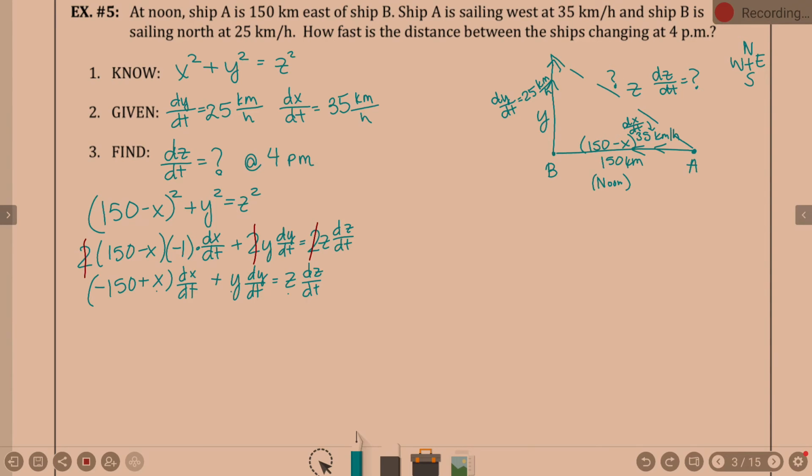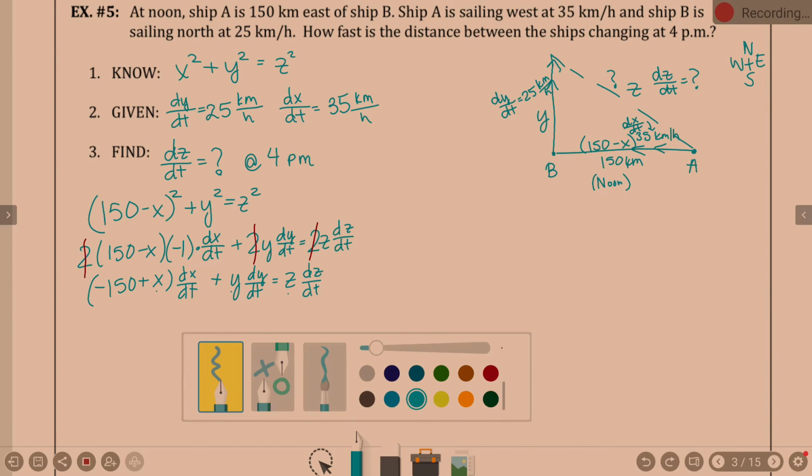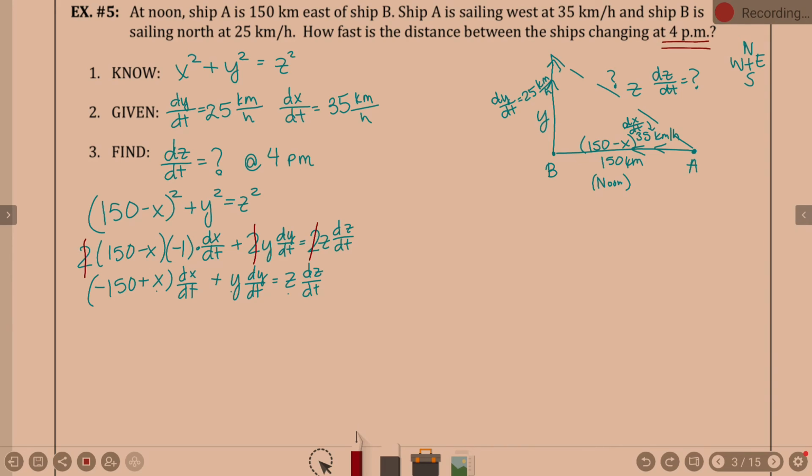x, y, and z are the distances at 4 p.m. So think about this. If we talk about ship A, first of all, it's traveling the distance of x, right? So we're going to think x here. But what do we know about ship A?